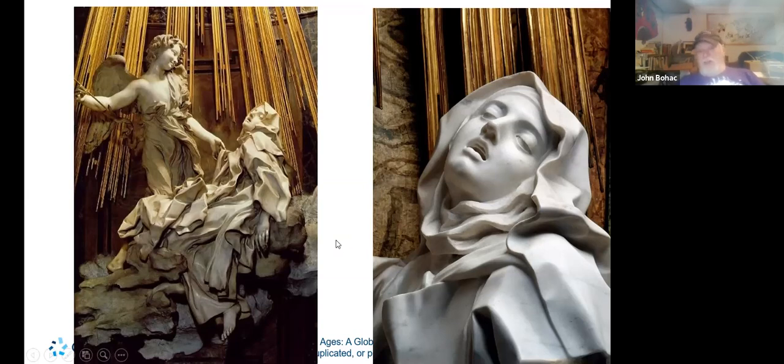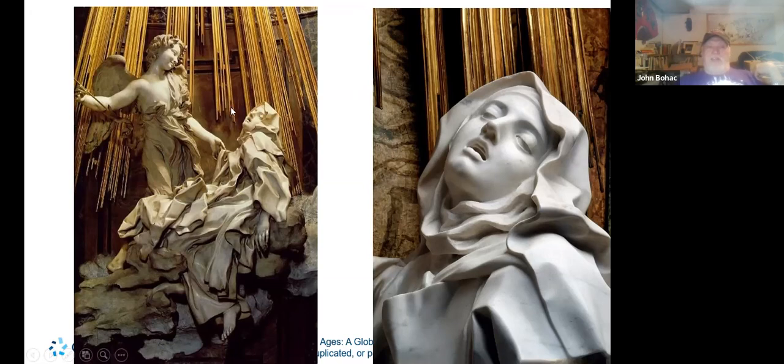She belongs to the lay Carmelite order. They read and believe in Saint Teresa extensively. And so, anyway, she is a mystic. She is a writer. She is a woman of faith. And that's what this sculpture depicts.